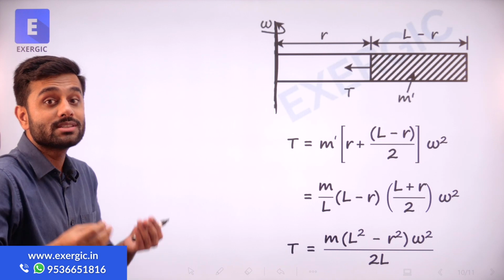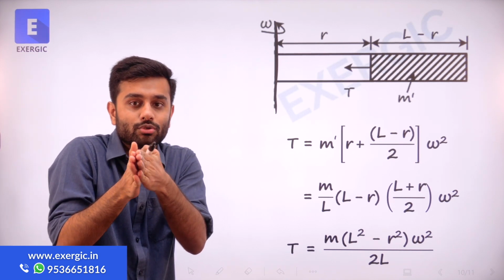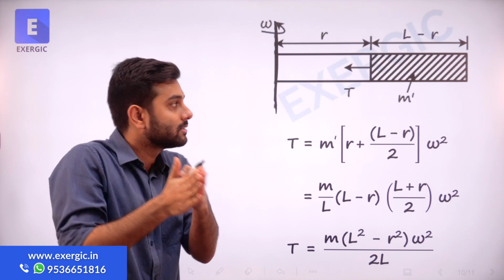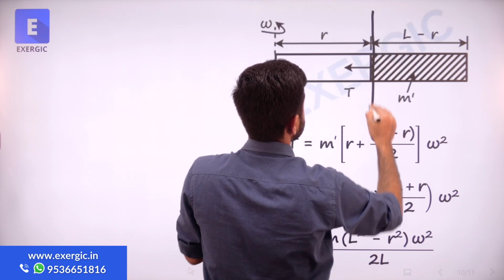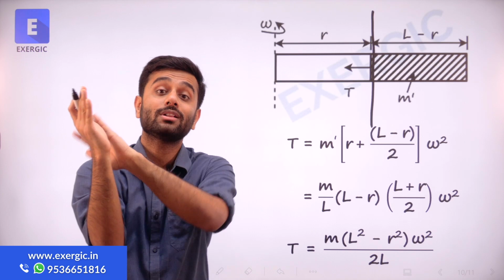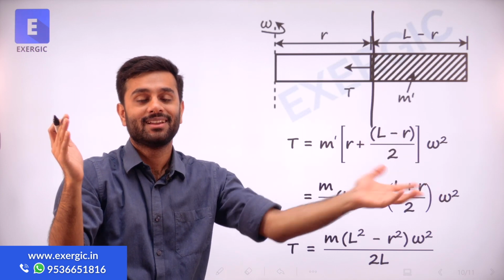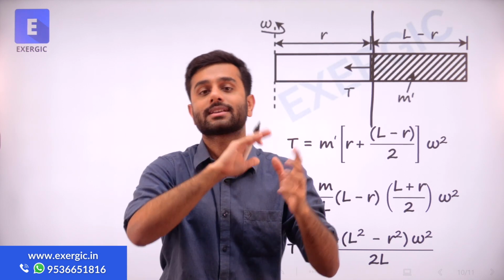Why? Because there is no mass between the center and the section. Both of them have coincided. This section has coincided with the center. There is no mass between them, so all the mass is beyond the section, and the mass beyond the section applies centrifugal force, so centrifugal force is maximum.